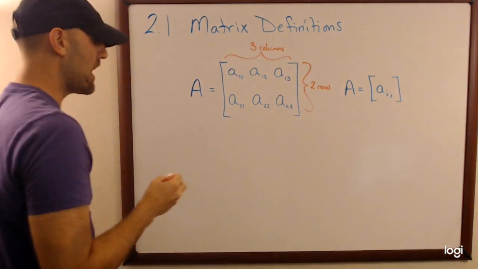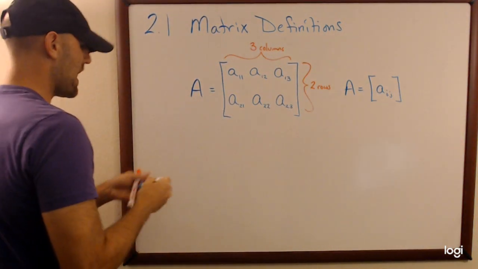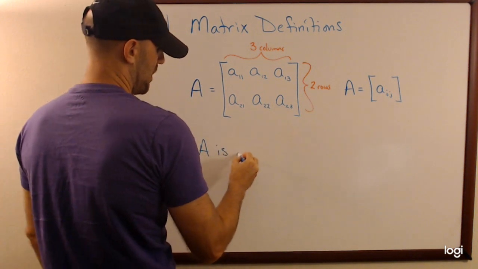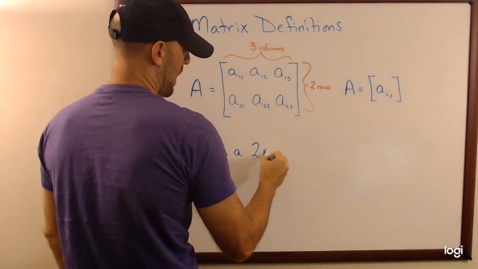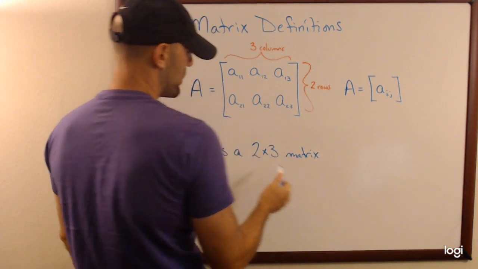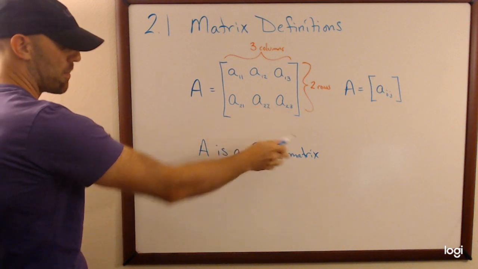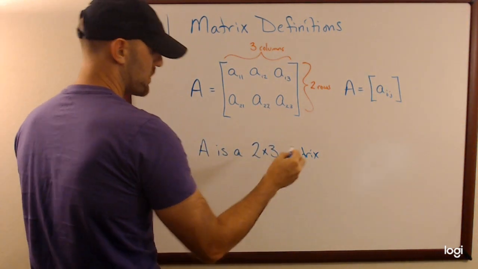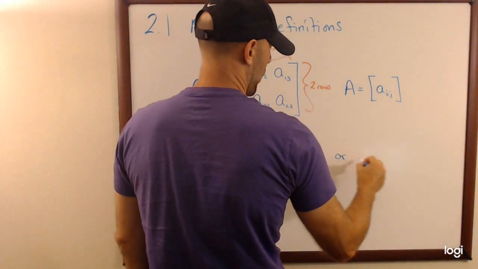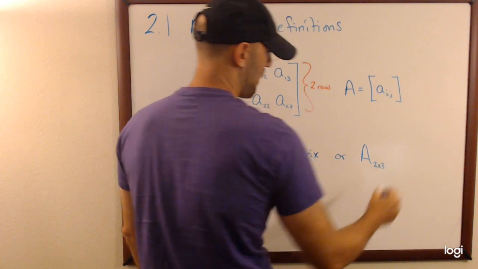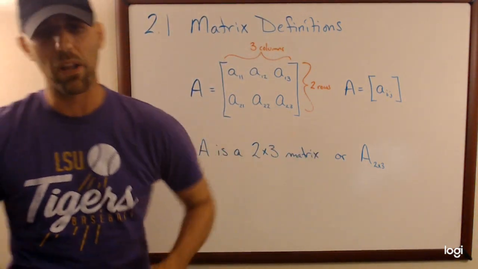And in this case, what we would say is that A is a 2 by 3 matrix. So it's the number of rows and then the number of columns, 2 by 3. We may also write it this way: we put A and then down here we put 2 by 3. So that's A is a 2 by 3 matrix.